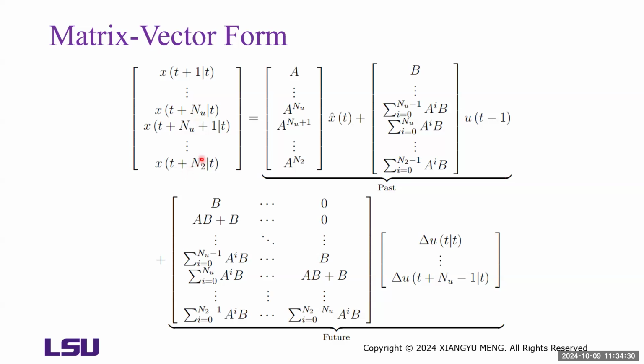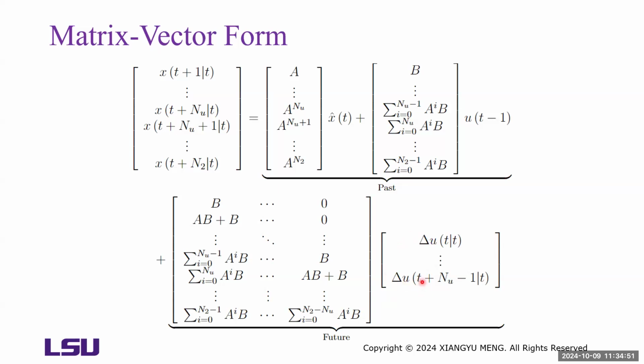Then for n2, the last one will be n2 minus nu. It has the same form, so one degree less than n2 for the first one. Here is the change of the control input.